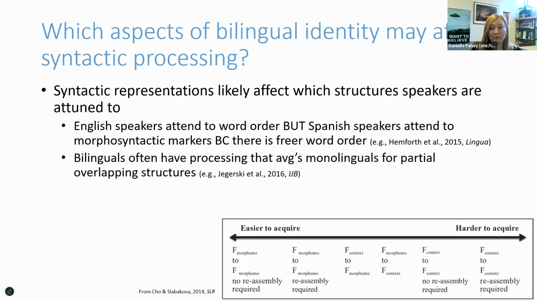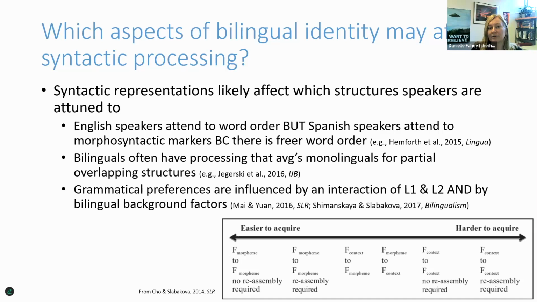So what we find for a Spanish and English bilingual speaker is they might tend to attend to both of these types of information more or less equivalently, or at least somewhere in between. But putting what we know about bilingualism together, there's not just an effect of first language and second language typology. We also need to consider bilingual background factors.